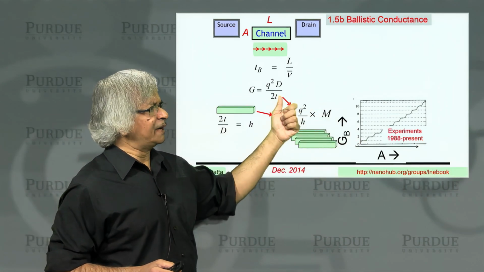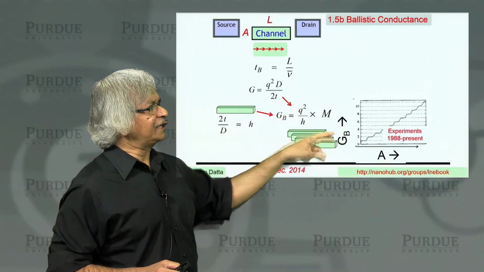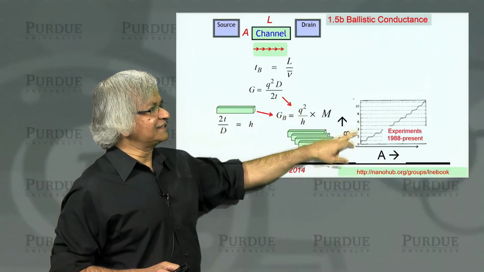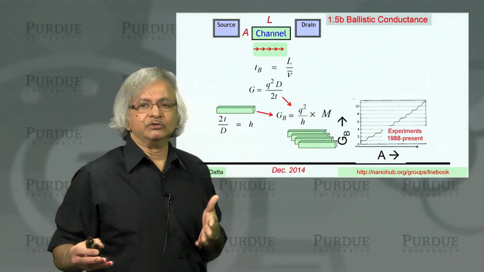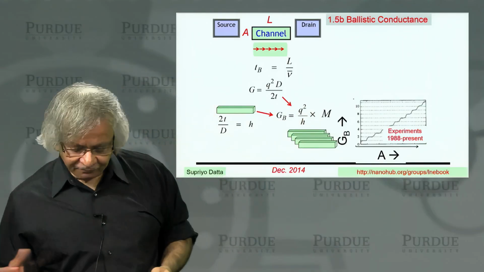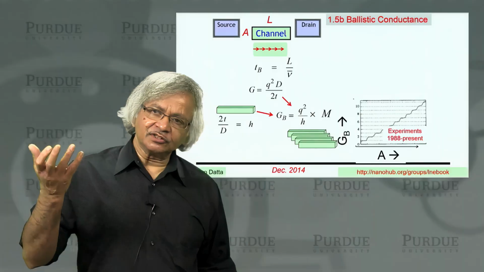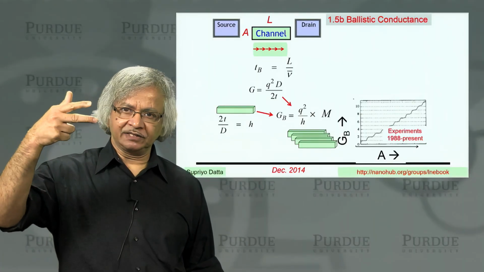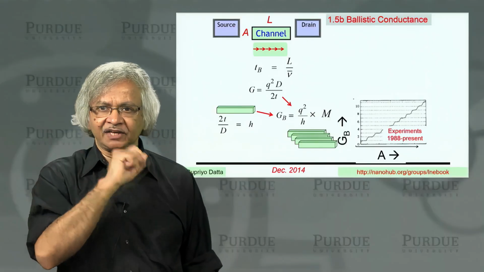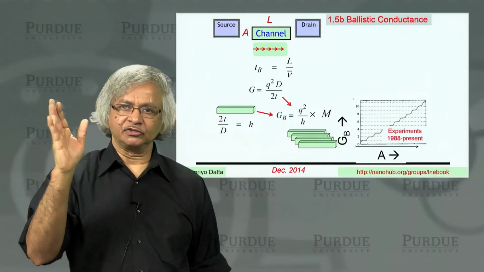And one thing I should mention, though, that actually this conductance here is normalized not to Q squared over H, but to 2Q squared over H. And the reason for that is energy levels usually in normal materials come in degenerate pairs. That is, two that have exactly the same energy. There's an upspin and a downspin.